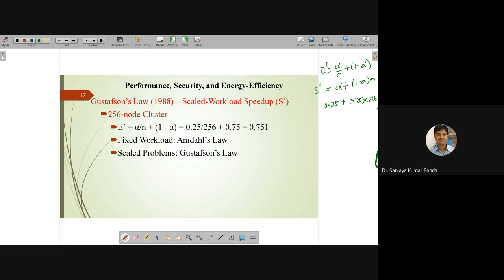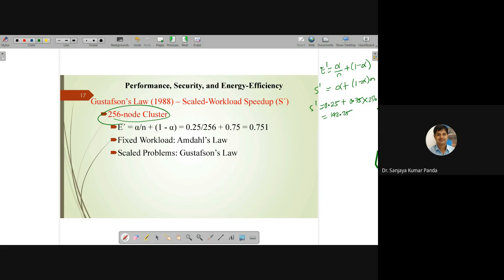That will give you the speed up. How much speed up are you getting? Can anybody calculate and tell me? 0.75 into 256, because the number of nodes is given as 256 in your cluster. So it will give you 192.25 if I'm correct.